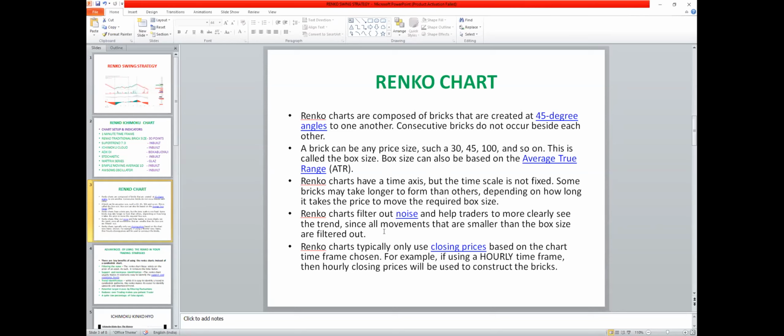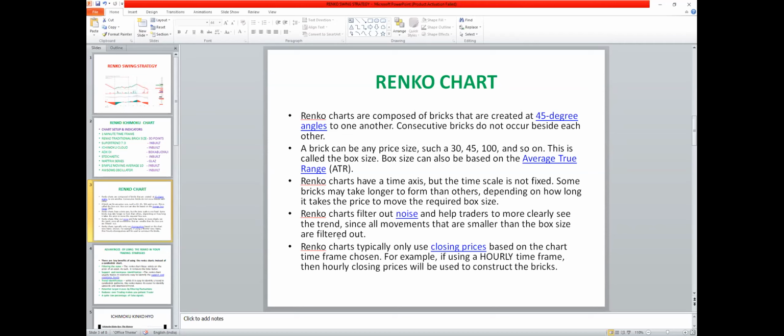Since all the movements that are smaller than the box size are filtered out, that means if I have given a 30 brick size, and it forms 20 or 25 or 28 also, the brick won't appear and the price will stay there itself.